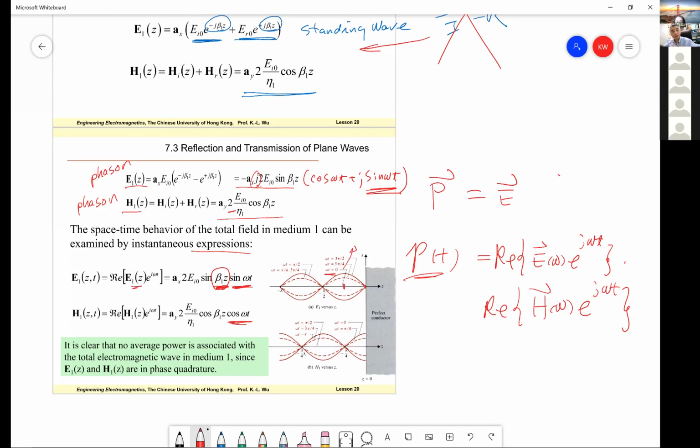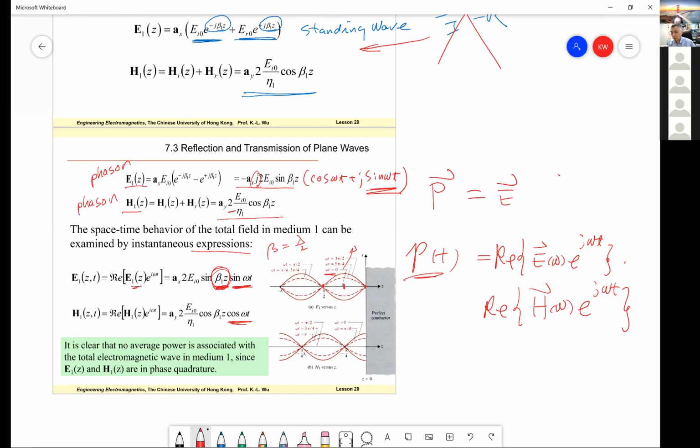At a different time, if you happen to locate here, for a given beta z, beta z equal to pi over 2, right?